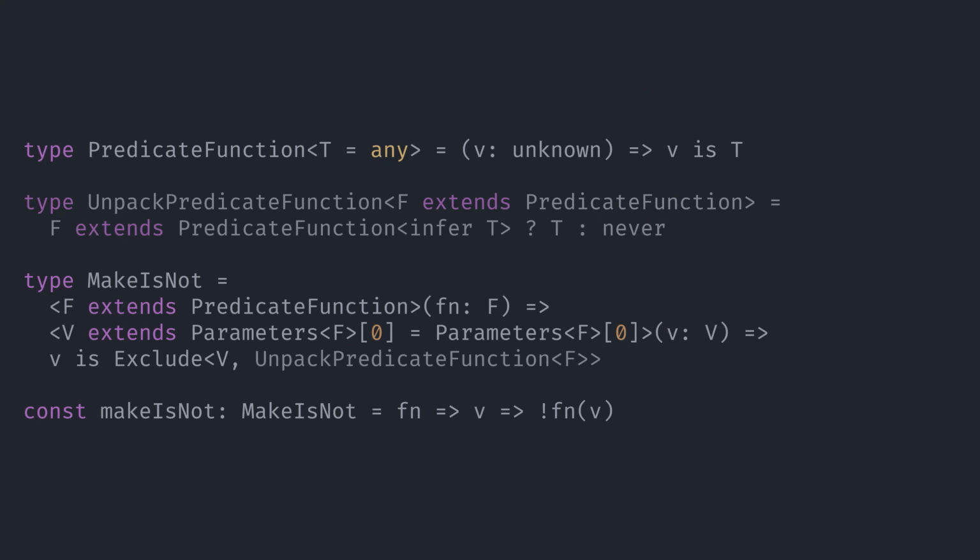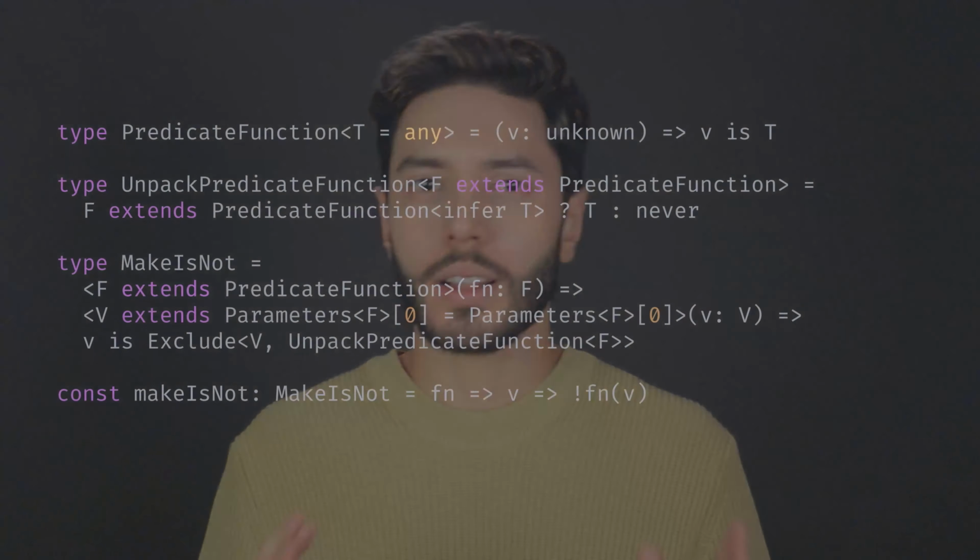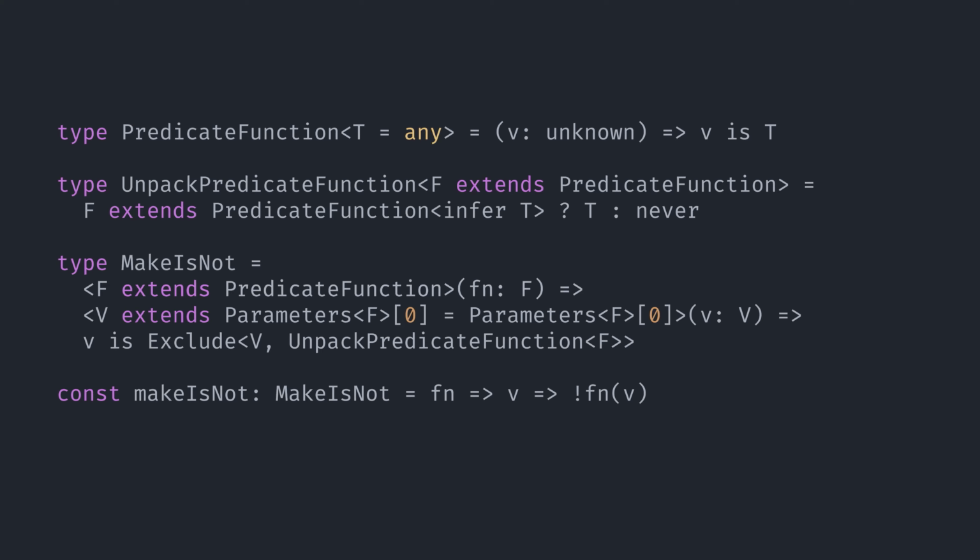I have another personal convention, which is to use the prefix unpack when I am creating a type that infers something. So I'll call it unpack predicate function. Back to the signature. Okay, it's still not simple, but it is simpler. Let's try to analyze the signature now.